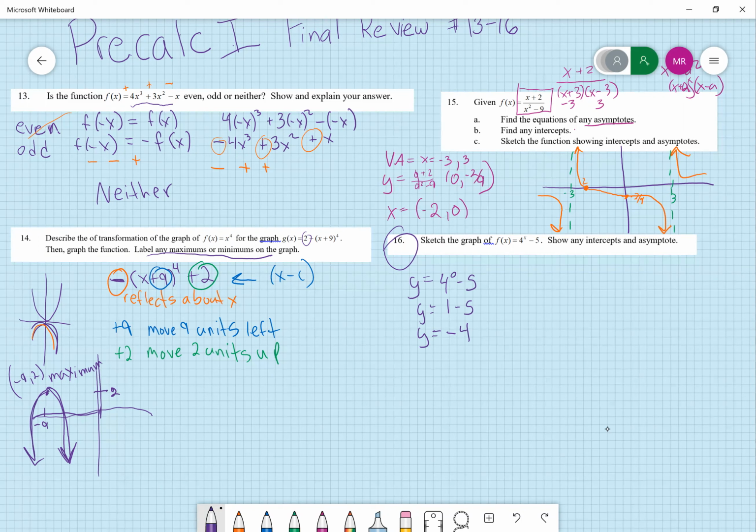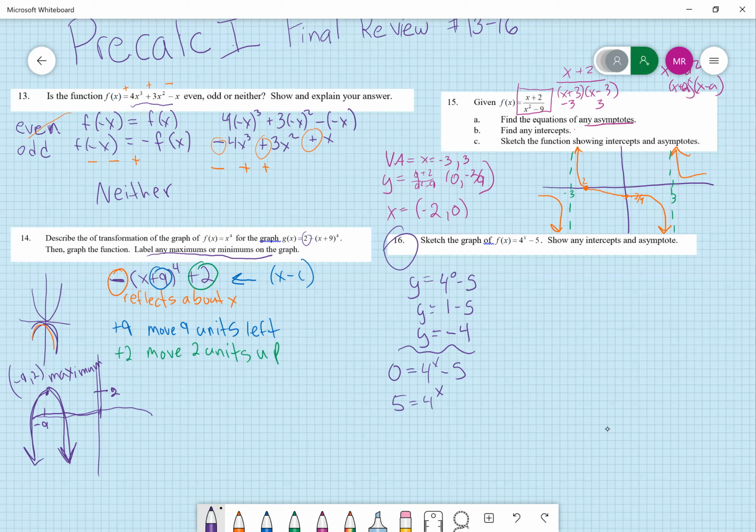Now let's do our x-intercept. With our x-intercept, we set y equal to 0, because when anything hits the x-axis, y is 0. So we get 4 to the x minus 5 equals 0. We're going to add 5 to each side, so we get 5 equals 4 to the x.